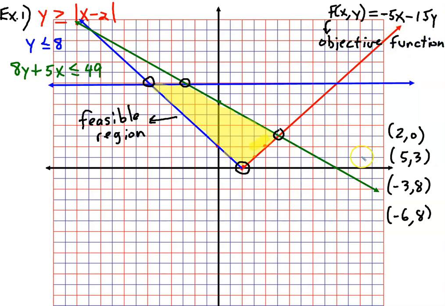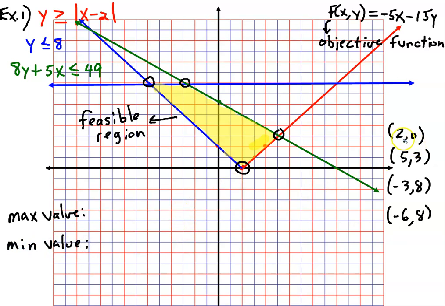And the goal of this exercise is to see which ordered pair, when plugged in for x and y, will give us the maximum value, the highest value, and then which one would give us the lowest value, or the minimum value.